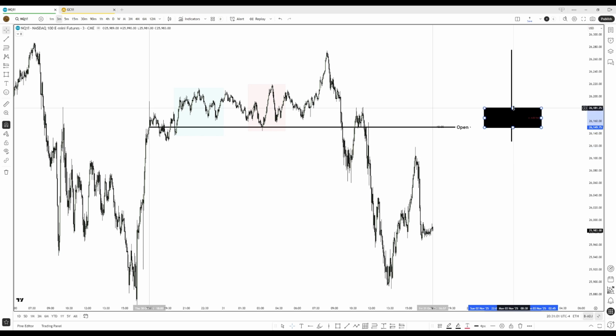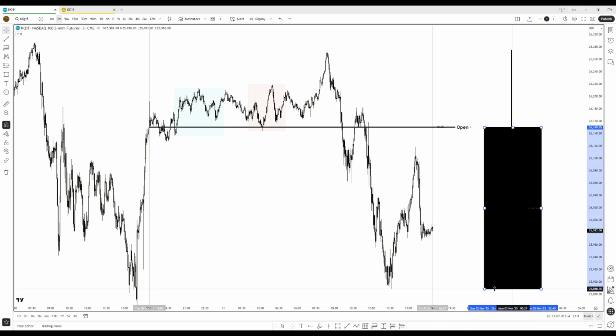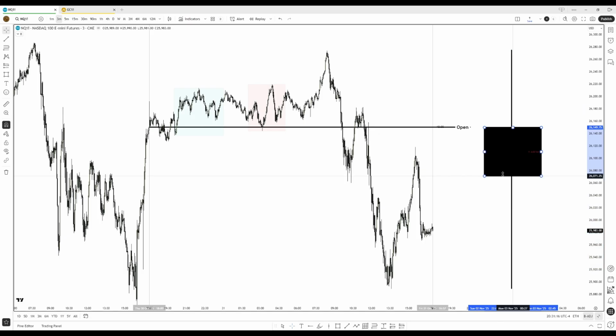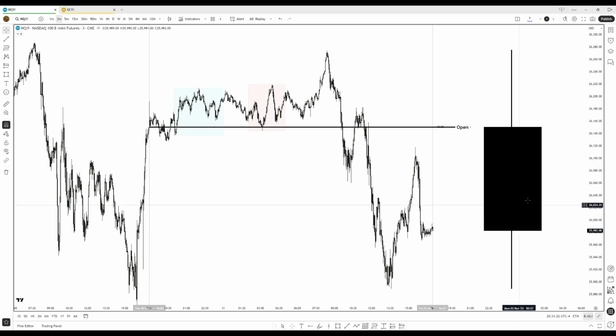Now we go down, push down. We made a low here. Now we push back up, but this is going to leave a little tail down here. Push back up like that. It's going to look like this. Push down, and then finally we close the day. And this is the daily candle now, for the whole day.